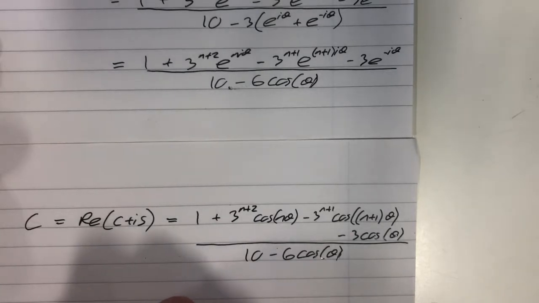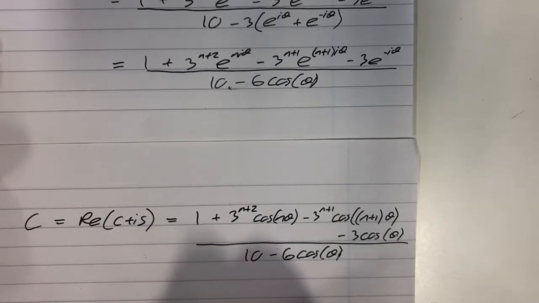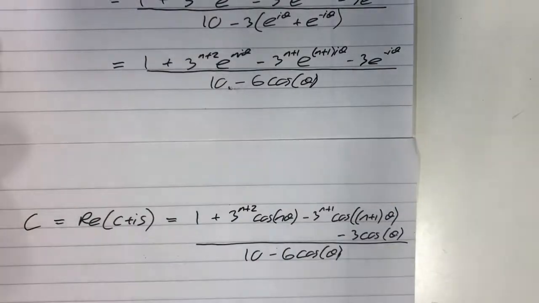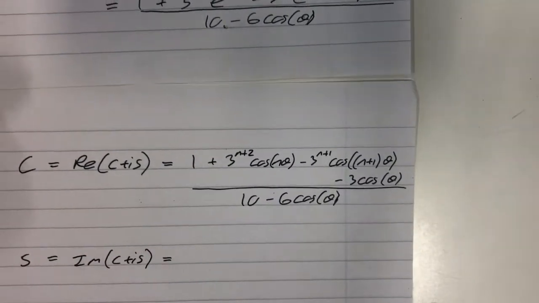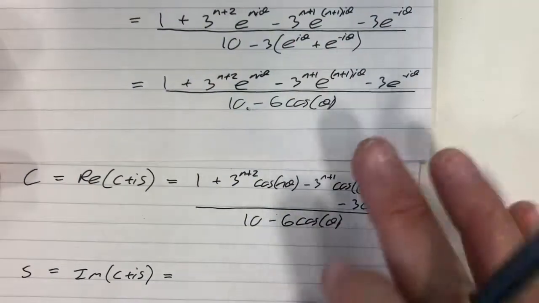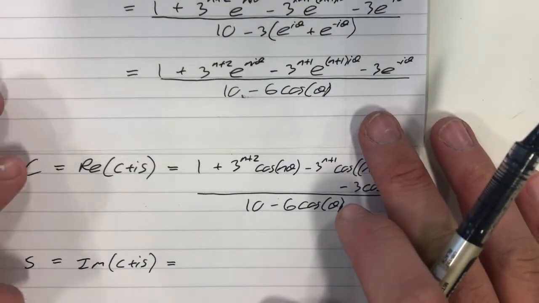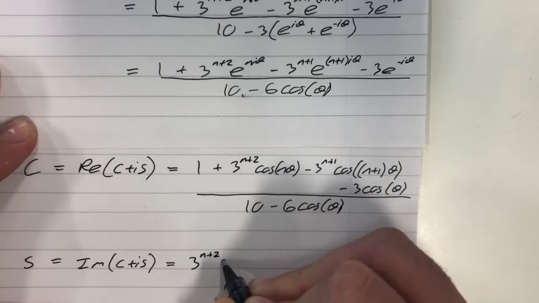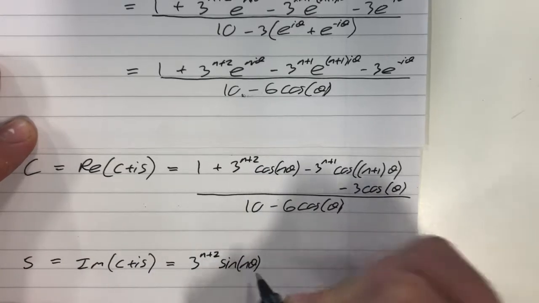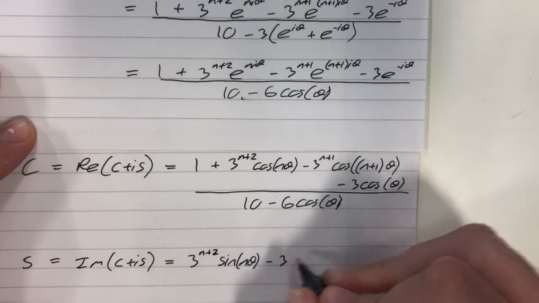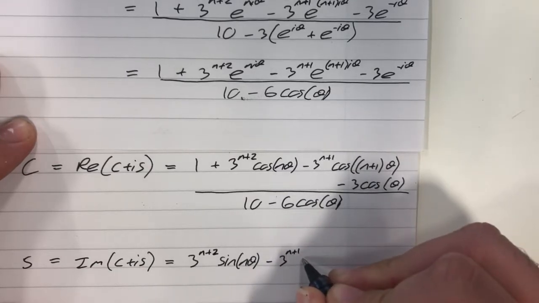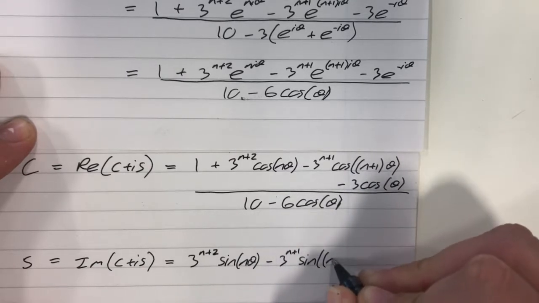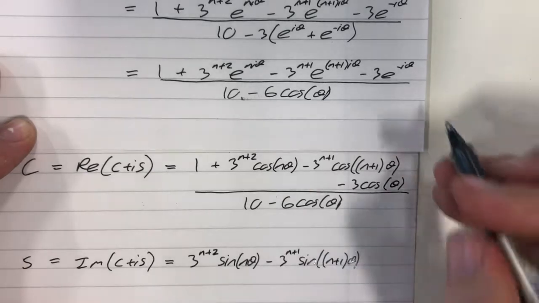And then the imaginary part, which is S. The 1 is real, so it just gets ignored. 3 to the n plus 2 sine of n theta minus 3 to the n plus 1 sine of n plus 1 theta.